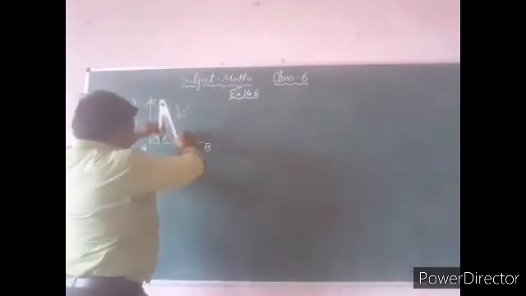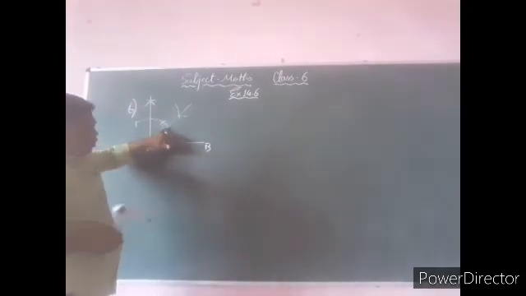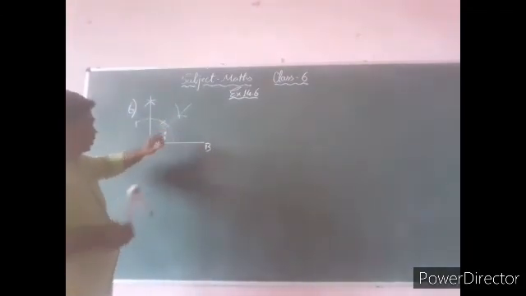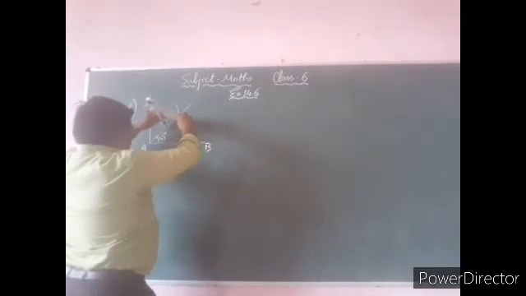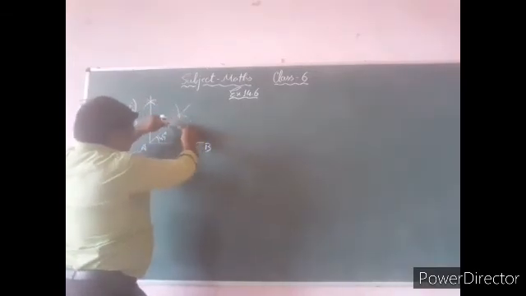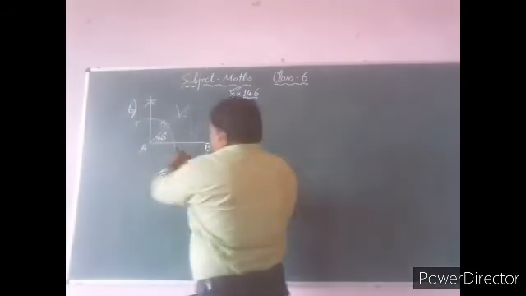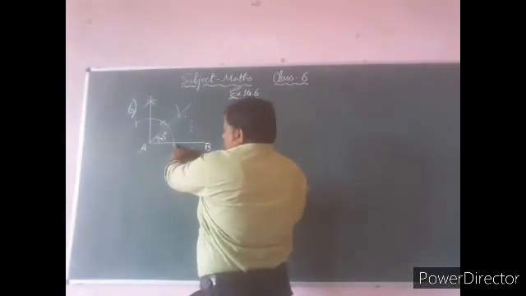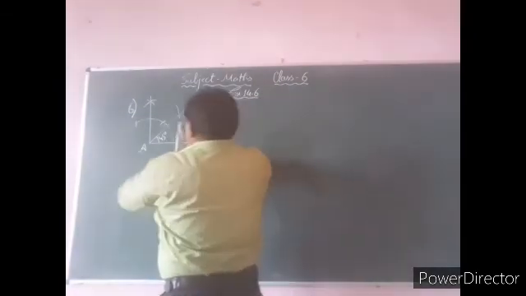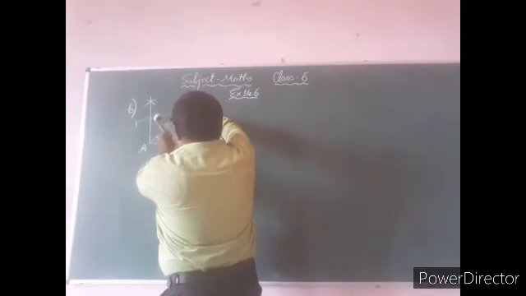Now here it is said and bisect the 45 degree. So from this point, draw an arc of any radius and of the same radius from this point, draw an arc.